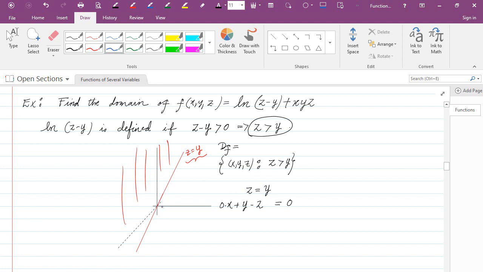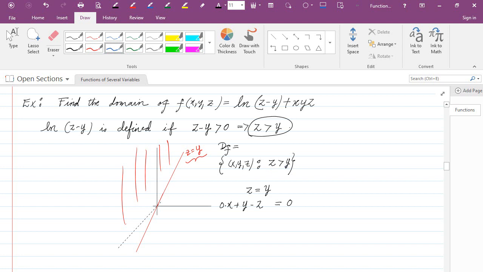So in the yz plane, when I say above, I mean the points that are on the positive side of the z-axis, right? So the points that are highlighted in red, these are the points that satisfy this inequality z greater than y.